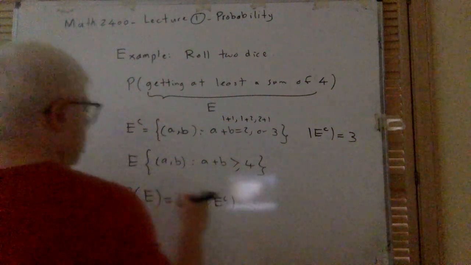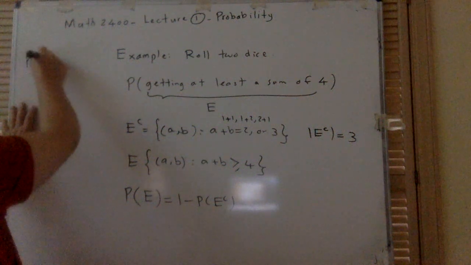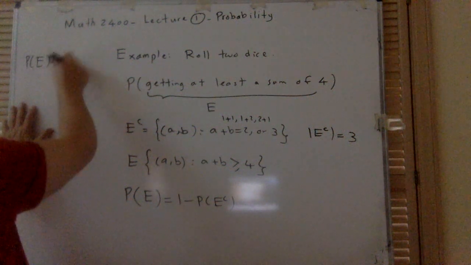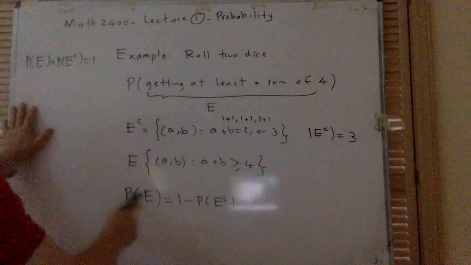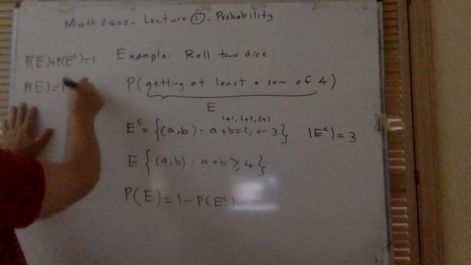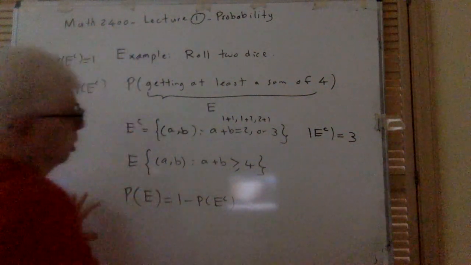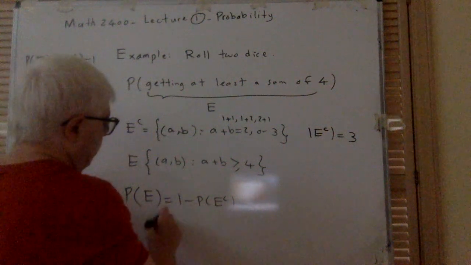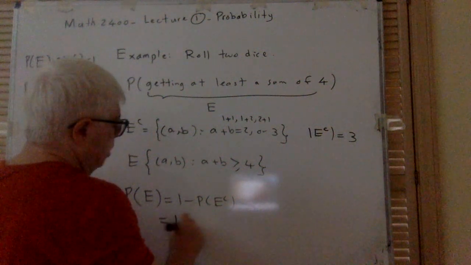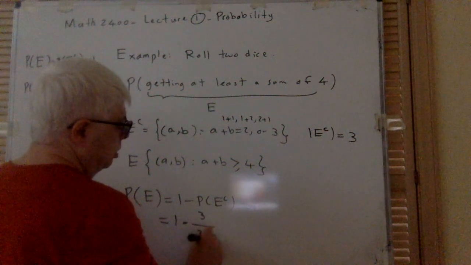Remember P of E plus P of E complement is 1. I can write P of E equals 1 minus P of E complement, right? That's the same thing. So that's 1 minus 3 over 36.